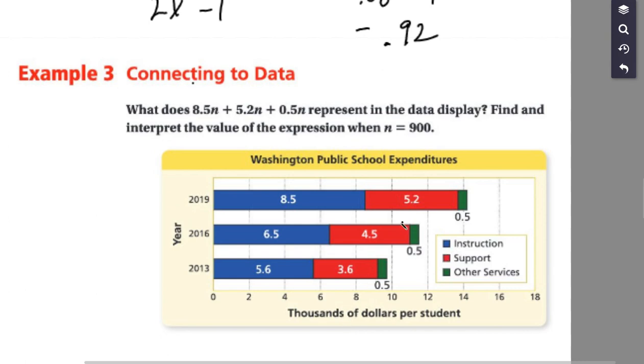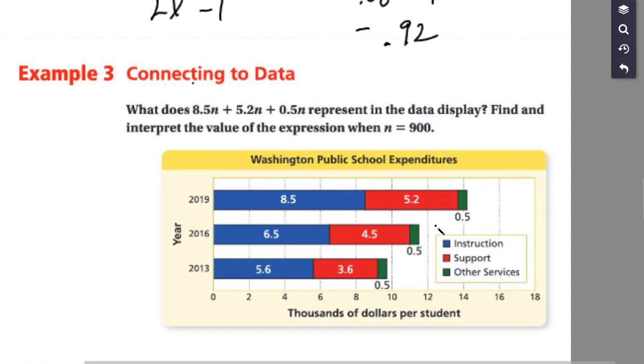Okay, so the blue represents the instructional expenditures. Red represents the support for either staff or infrastructure, spent per student. And the green there is other services, which is about $500 per student.